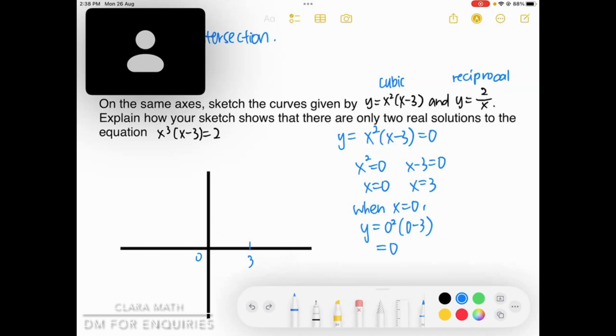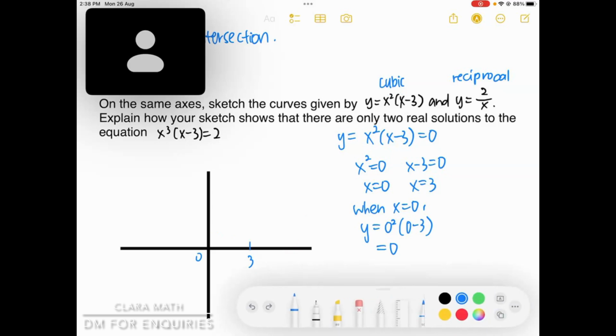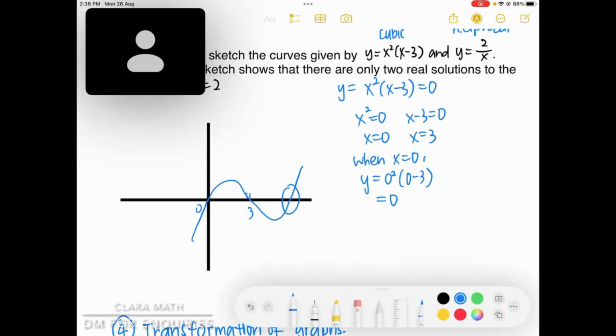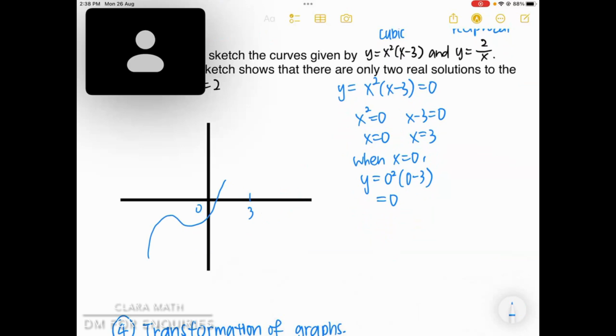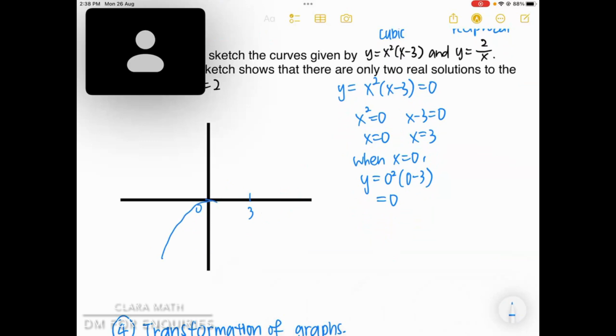So again, let me check. Is it going up or going down? You look at the x squared times x, it's positive, positive x cubed. So it's going up. If it's going up and it cannot go down and come up again because I cannot touch one more time, it's only 0 and 3, then it probably has to be maybe like this, then go up.